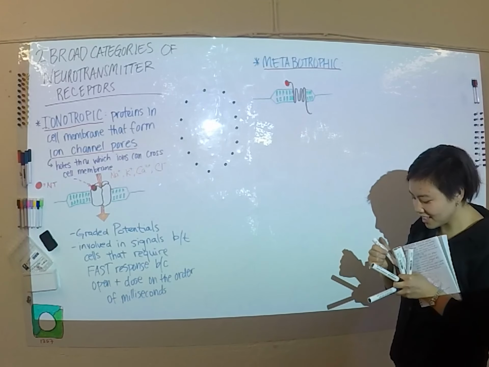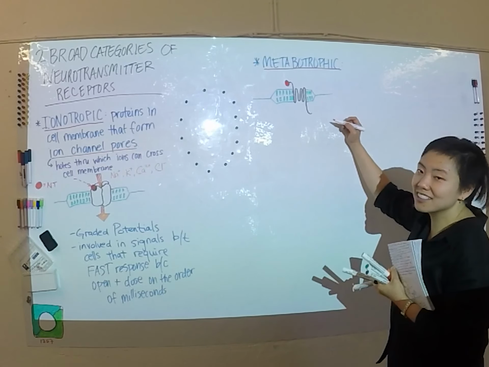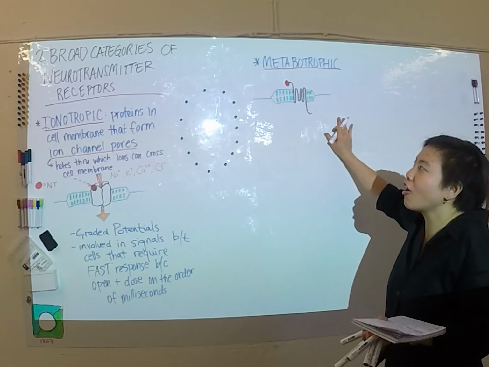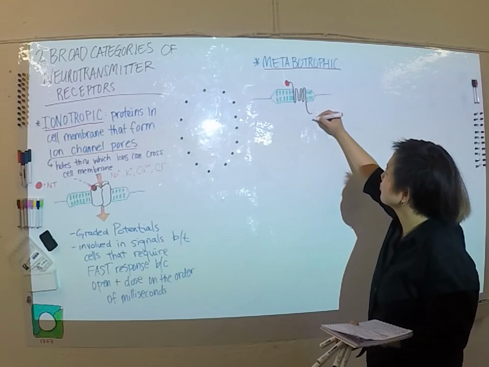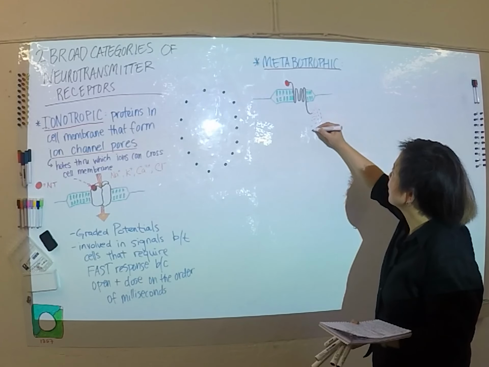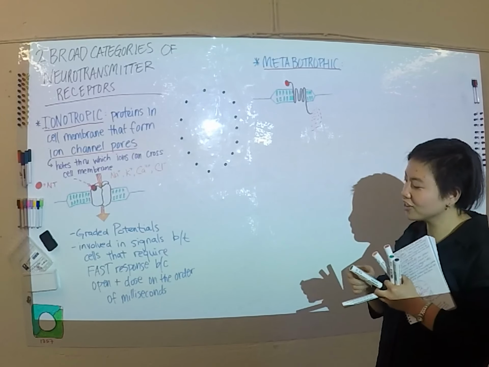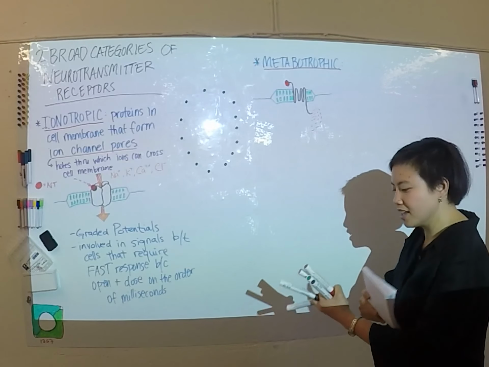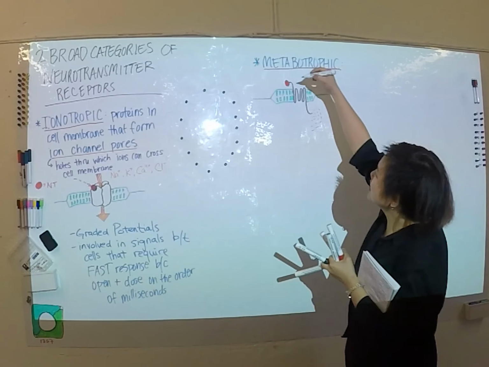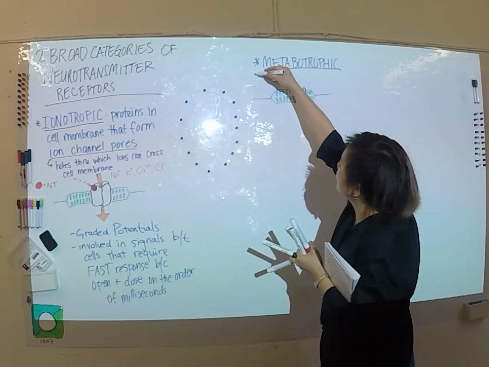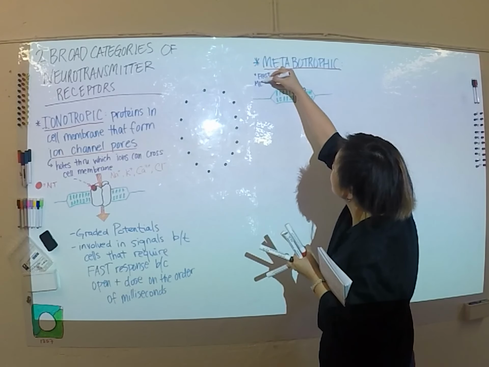What it does instead, when this gets attached, is create a different chemical called a second messenger and send that into the cell. The reason it's called a second messenger is because the neurotransmitter is considered the first messenger.